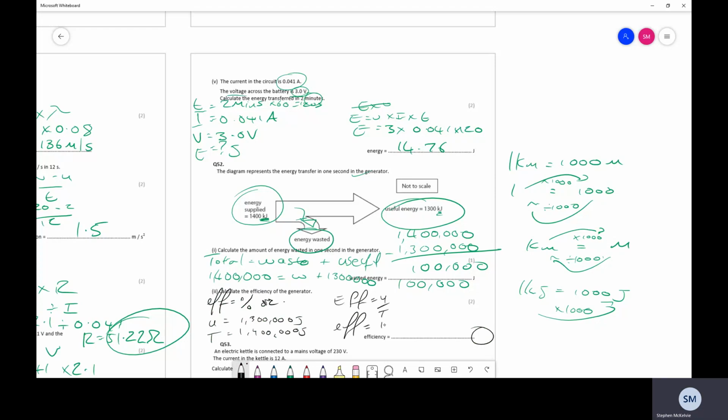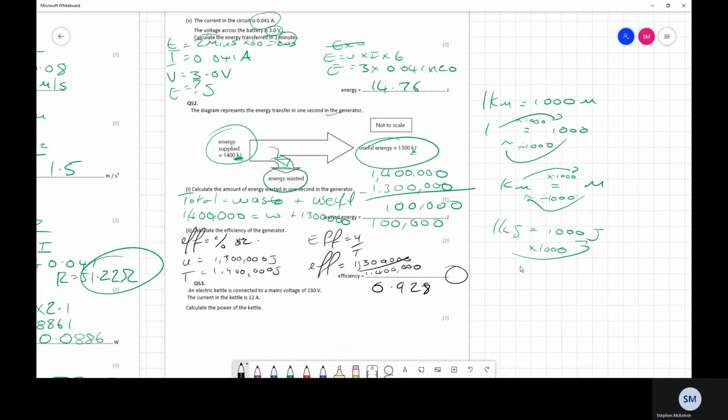Efficiency is equal to 1.3 million divided by 1,400,000, which is 0.928, and I'm going to give that as 0.93.